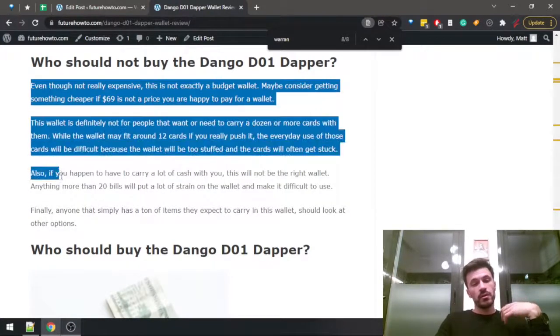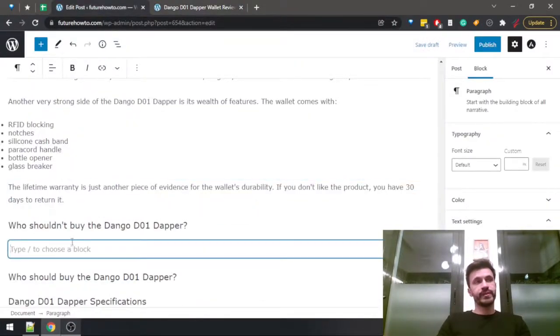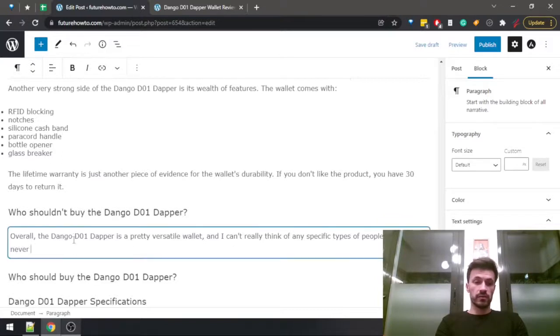So we can maybe say, overall the Dango DO1 Dapper is a pretty versatile wallet, and I can't really think of any specific types of people that should never consider it.